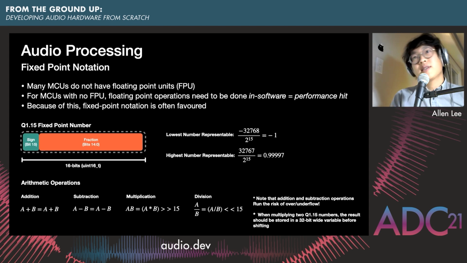But there's a couple of things that you need to be aware of. First of all, you can run the risk of overflow when you're running arithmetic operations. And the second thing to be aware of is that depending on how many bits you use to represent the fractional part, you will definitely have some loss in precision. So those are the two things to consider.